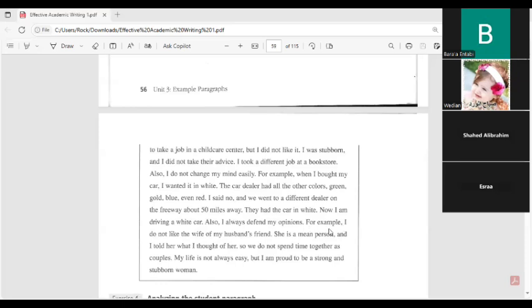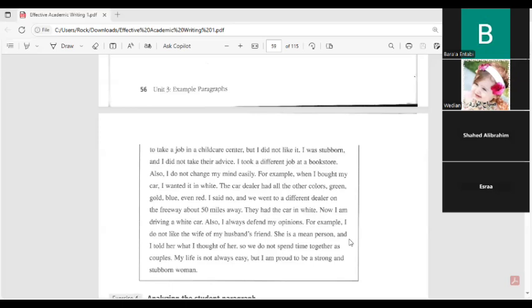For example, I don't like the wife of my husband's friend, and I think this trait is in all women, or wives. She doesn't like the wife of a friend of her husband. Why? I don't know, no reason. Yes, she's a mean person.